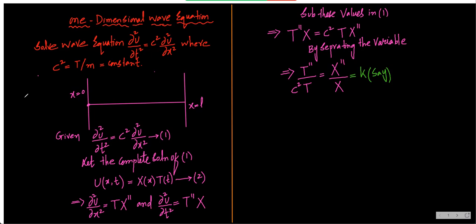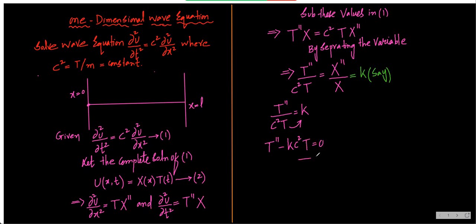So two cases we have to deal with. Case number one: T double dash upon c squared into T is equal to the value of k. If you cross multiply, this goes to that side, and we get T double dash minus k c squared into T is equal to 0.